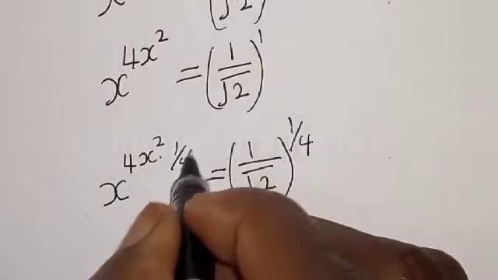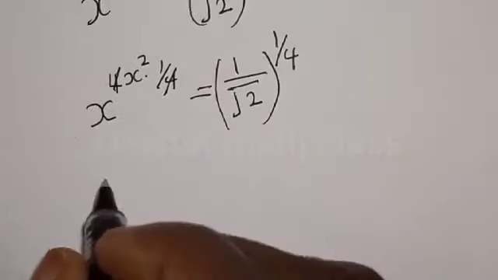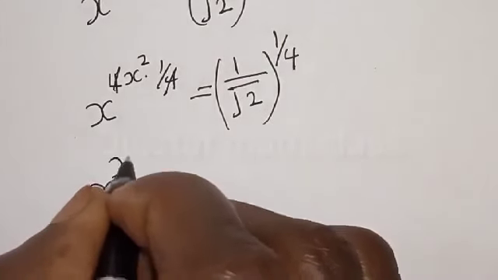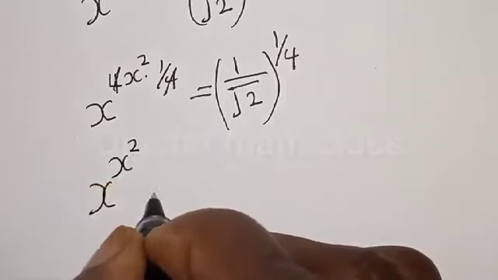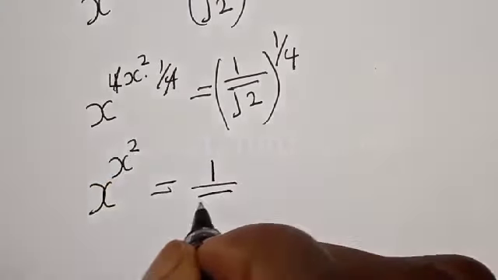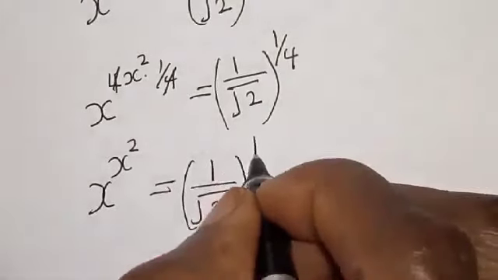Then this 4 will cancel this. We have x raised to power x squared is equal to 1 divided by root 2 raised to power of 1 divided by 4.